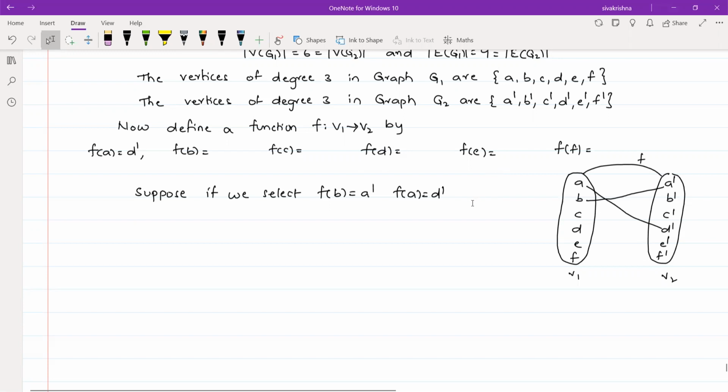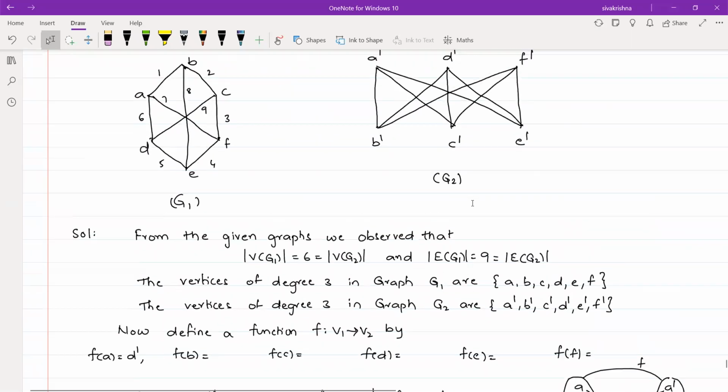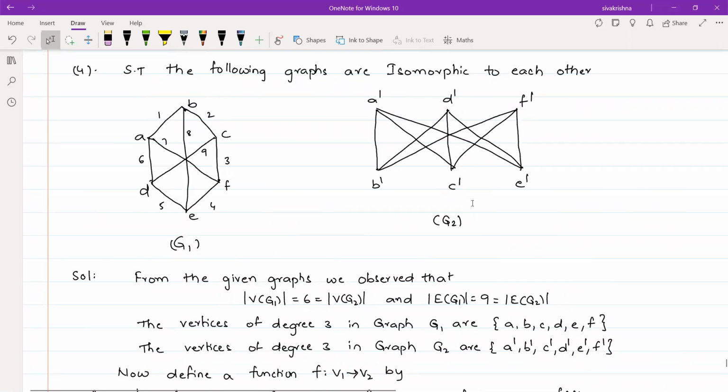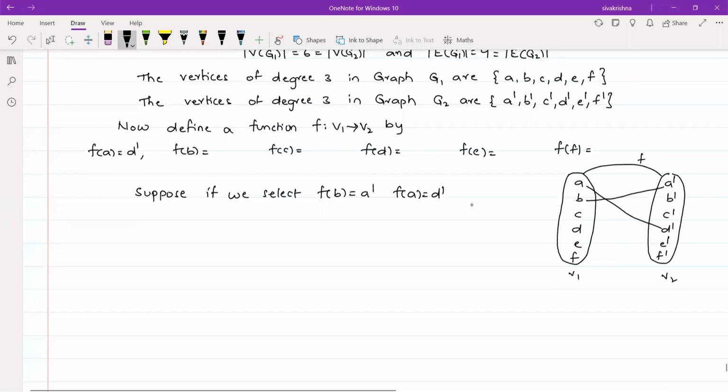Now we have to select an edge in graph 1 with the combination ab. Yes, in graph 1 we have an edge between a and b. So (a, b) is an edge in graph 1. This implies that there must be an edge between f of a and f of b in graph 2. Here f of a is d dash and f of b is a dash.